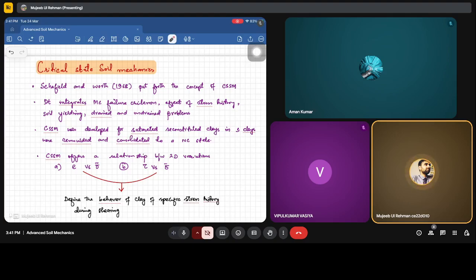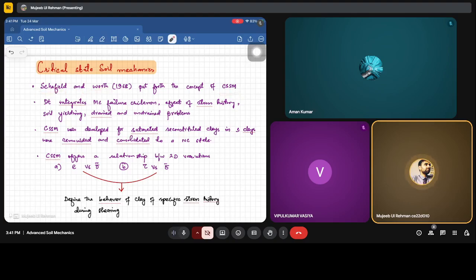But in this model, critical state soil mechanics, we are considering all three parameters in a single model, which takes into consideration the deviatoric stress, mean effective stress, and the volumetric strains. This concept was put forward by Schofield and Wroth in the year 1968.